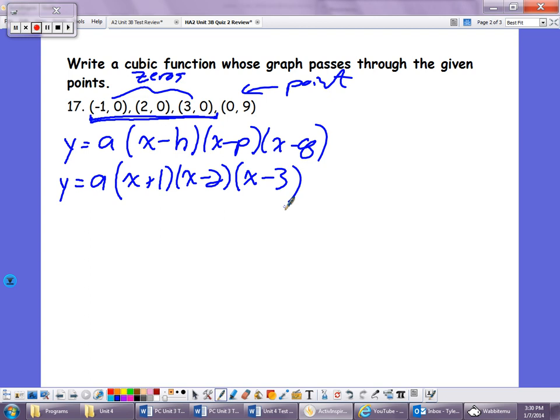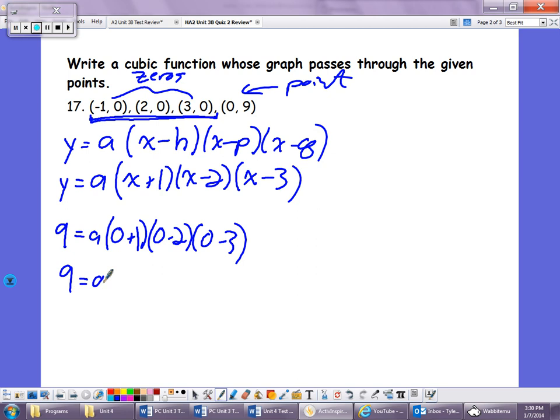All right, so again, I'm still missing this a term. So I'm going to plug in the point 0, 9. So I get 9 equals a, 0 plus 1, 0 minus 2, 0 minus 3. And I'm just going to work this out. So 9 equals a times 1, negative 2, negative 3. 9 equals a times 6.